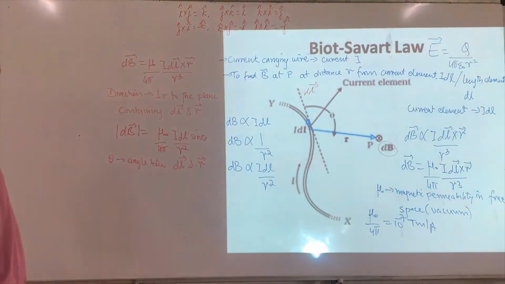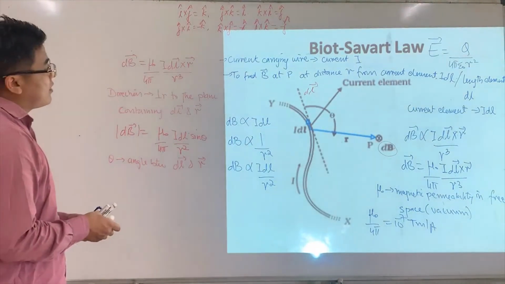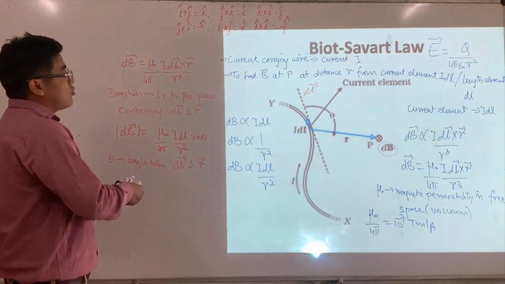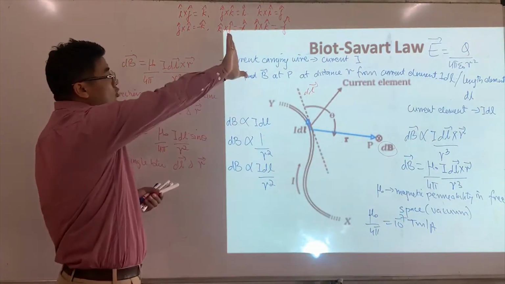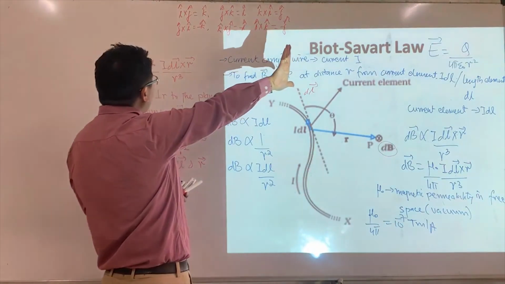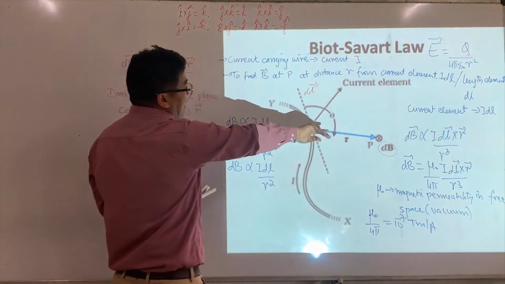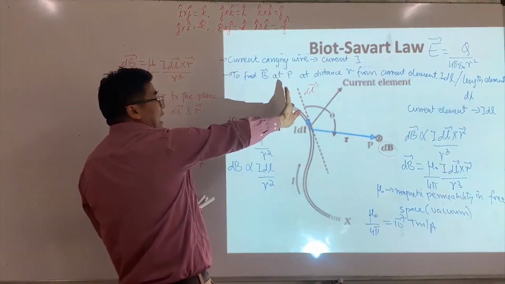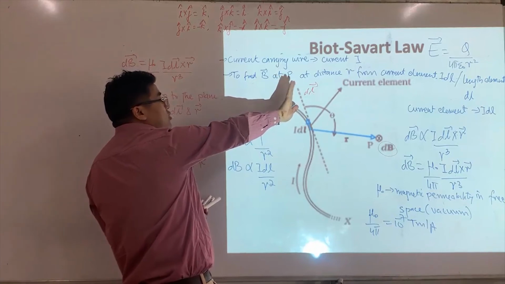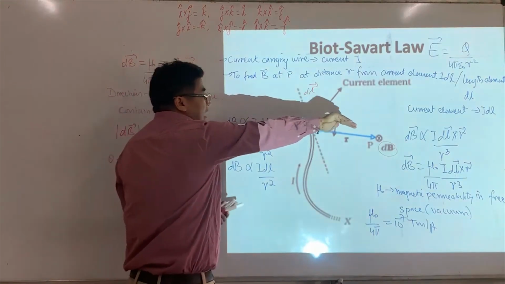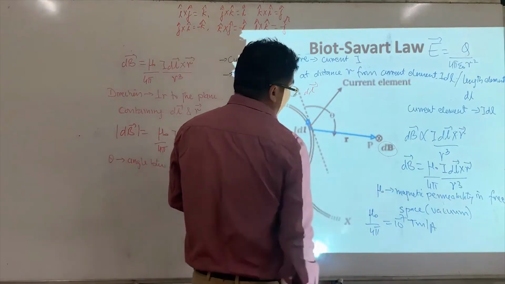The direction is also given by the right hand thumb rule. Look here. You have to do dl cross r. Where is r? This is dl, and you curl your fingers towards r. What is the direction of the magnetic field? Into the plane.